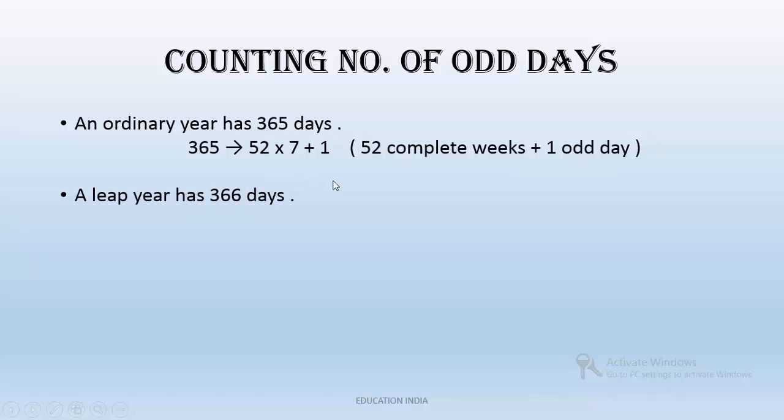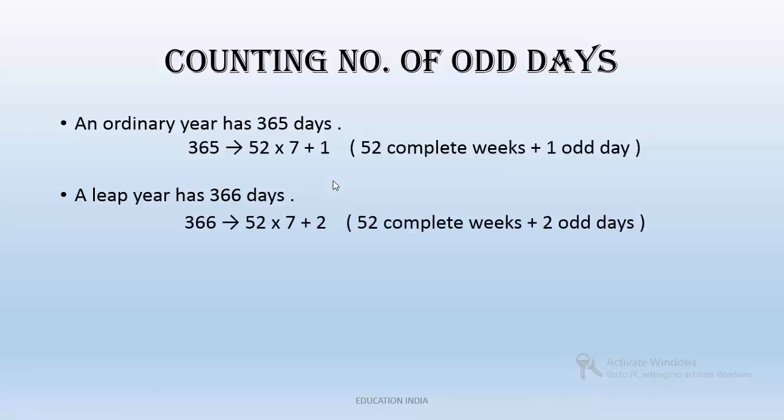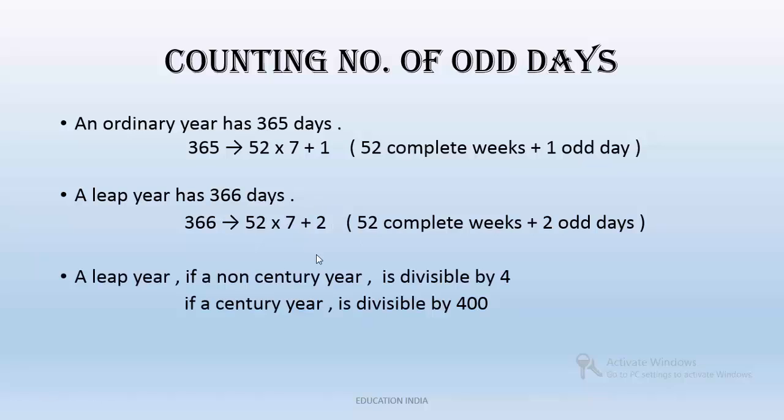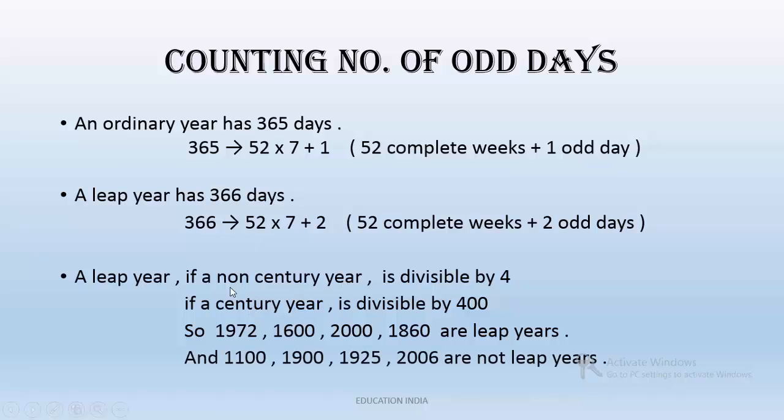A leap year has 366 days. It can be broken up as 52 into 7 plus 2. Thus, when 366 is divided by 7, it will give the remainder as 2, and this 2 is the number of odd days. Some people have some confusion related to leap years. Just to clear that, if a leap year is a non-century year, it has to be divisible by 4. If it is a century year, it should be divisible by 400. Suppose 1972, it's a non-century year, so it should be divisible by 4, and hence 1972 will be a leap year.